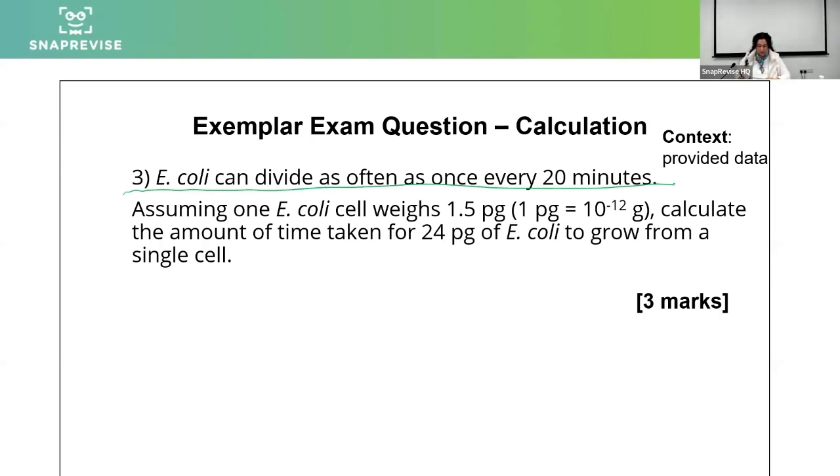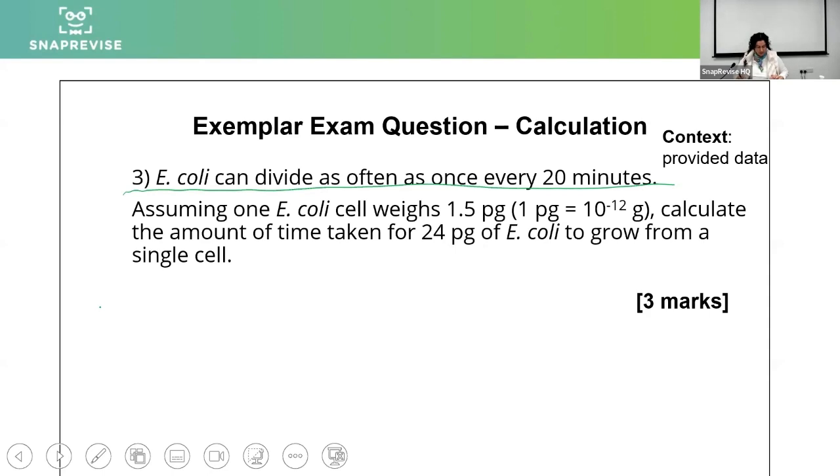Assuming that one E. coli cell weighs 1.5 picograms. Quick unit explanation. A picogram is 1,000 times smaller than a nanogram, which is 1,000 times smaller than a microgram. Don't worry too much because I'm actually told the unit conversion here. So calculate the amount of time taken for 24 picograms of E. coli to grow from a single cell.